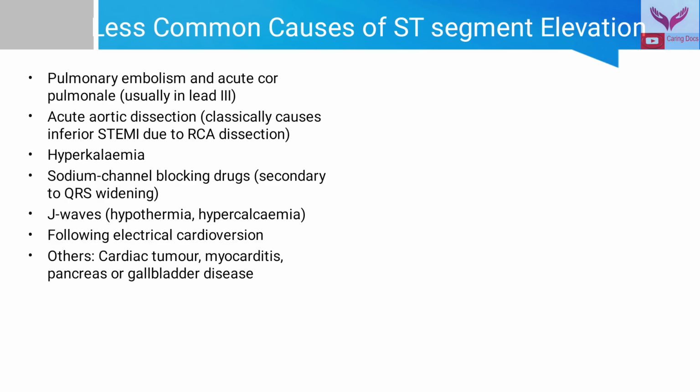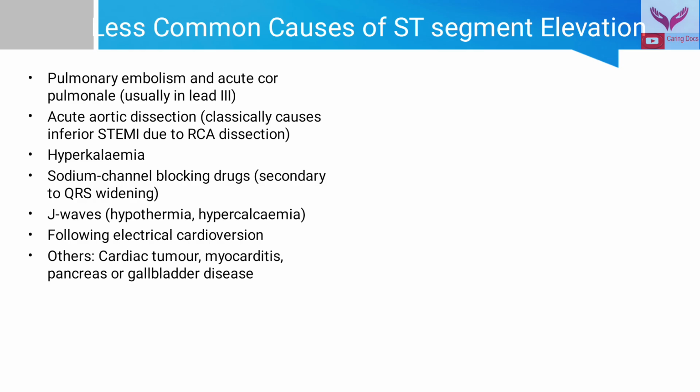The less common causes of ST segment elevation are pulmonary embolism, acute cor pulmonale, usually seen in lead 3, and acute aortic dissection, classically causing inferior ST elevation MI due to right coronary artery occlusion or dissection.